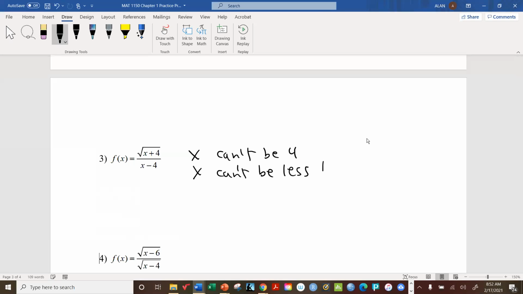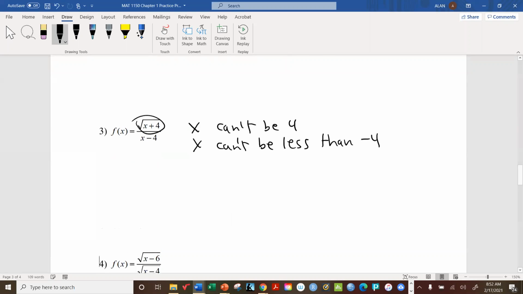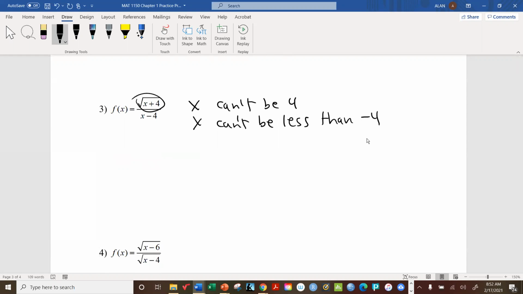It can't be less than negative 4 either, because if it is, we'll get a negative square root. So it can be negative 4, since that gives us 0 under the root, not division by 0. So we can start with negative 4, and we can have negative 4, so we'll use the square brackets. And then we're fine up until we get to 4, which we're not allowed to have.